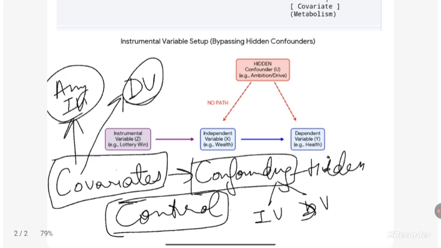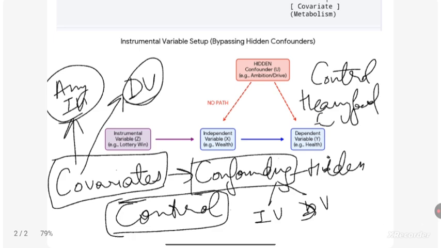So say, for example, fatty food, oily food, no exercise. These are control variables, like fatty food, heavy food, right? Fats, and then you have no exercise.